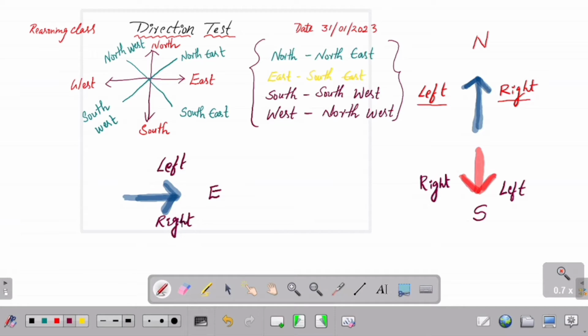Am I clear? So when you are facing towards the east, this is your right side and this is your left side. Clear? Right now this is completed. Now one more arrow.